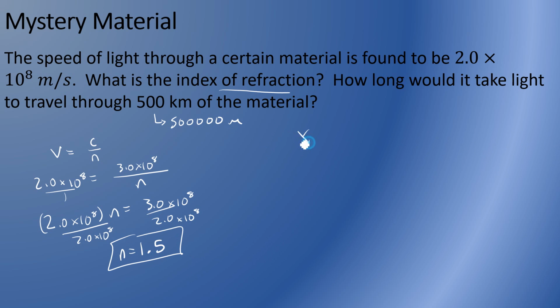All right, well, now let's find our time. So we don't need our whole position formula. We just need this portion. And so we have 500,000 as our final position. Our velocity is 2.0 times 10 to the 8th, and time. So I'll divide both sides by 2.0 times 10 to the 8th.